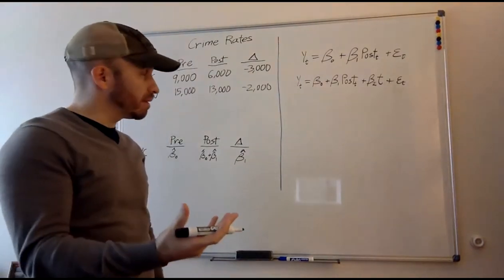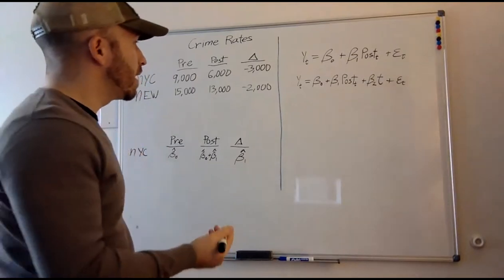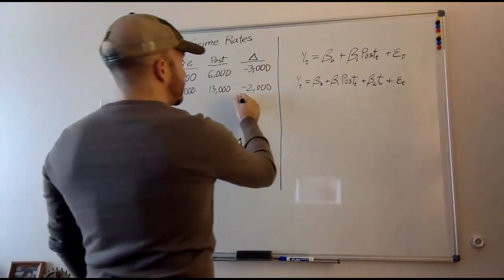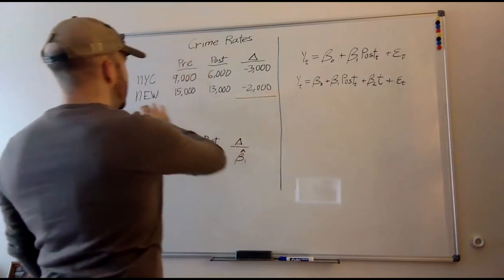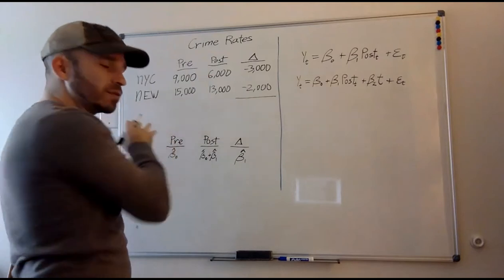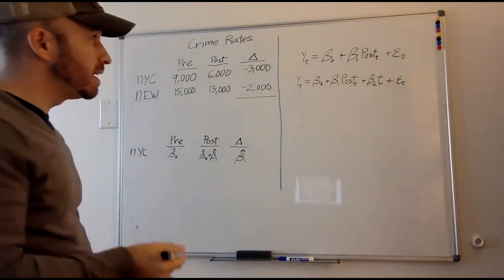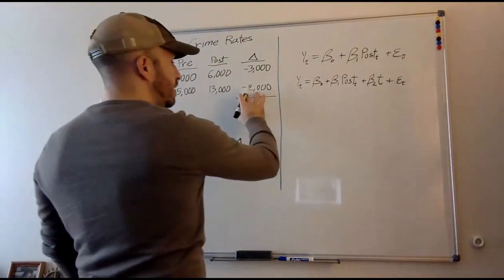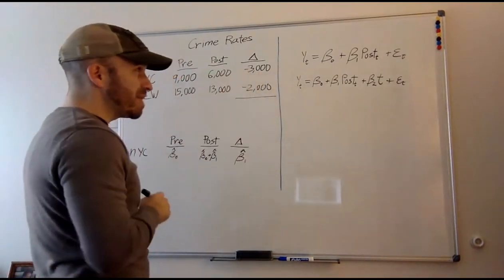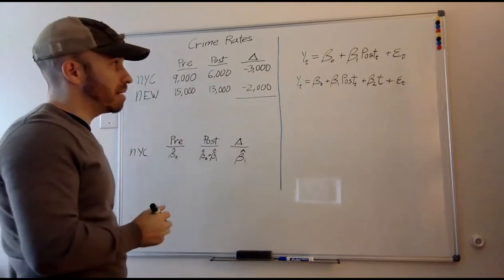The general principle here is that if this untreated group is a reasonable counterfactual for what would have been happening in the treated group, then we can take this and difference it from that to get the actual decrease in crime, right?